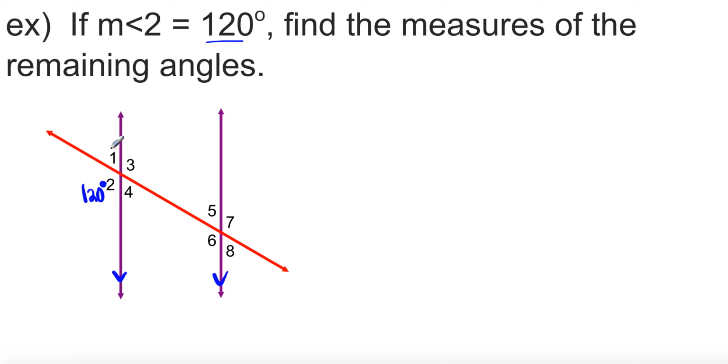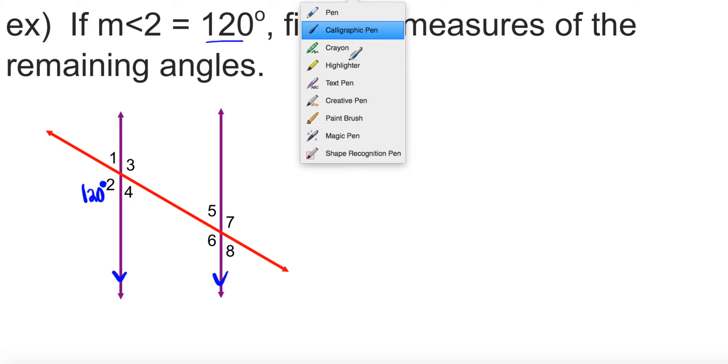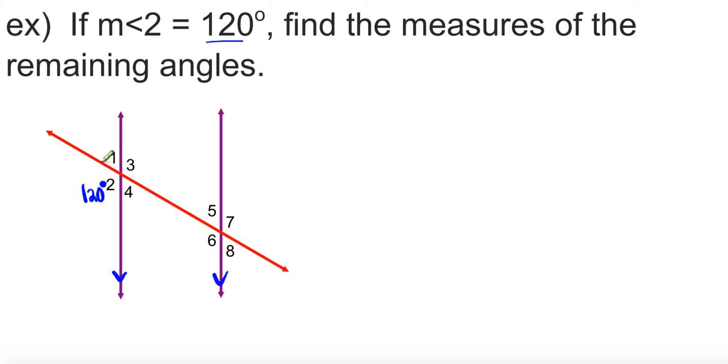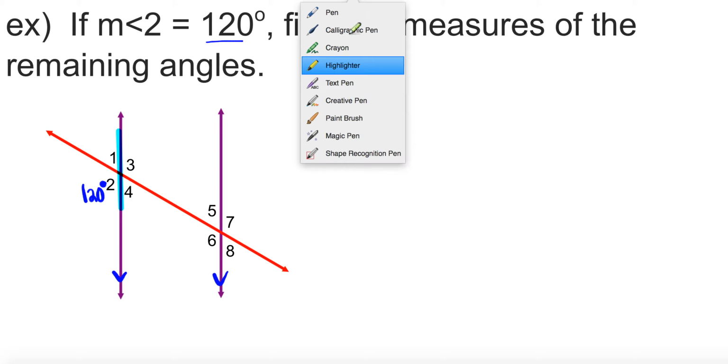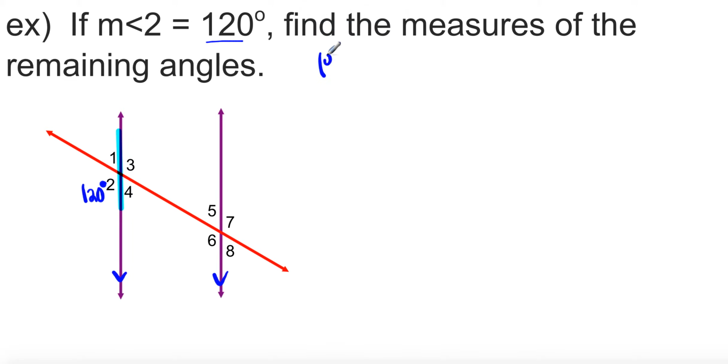First of all, 1 and 2 are supplementary. That's one of the first words we learned in the previous video, because that's a straight angle. So if they're supplementary, all we have to do here is say 180 minus 120, and that makes it 60 degrees. So angle 1 would be 60 degrees.